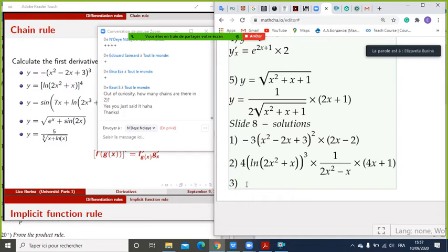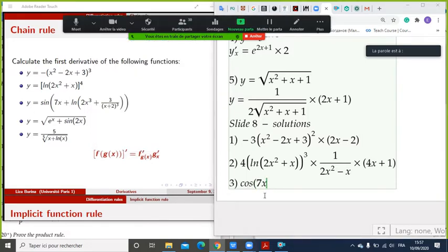Now this. Okay, it's gonna be long. Cosine, because that's just the derivative of sine. At least here we have something that is not so difficult.